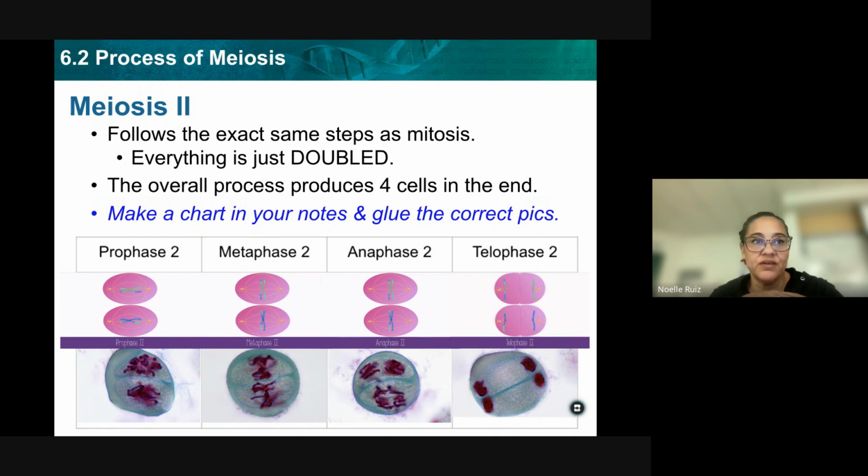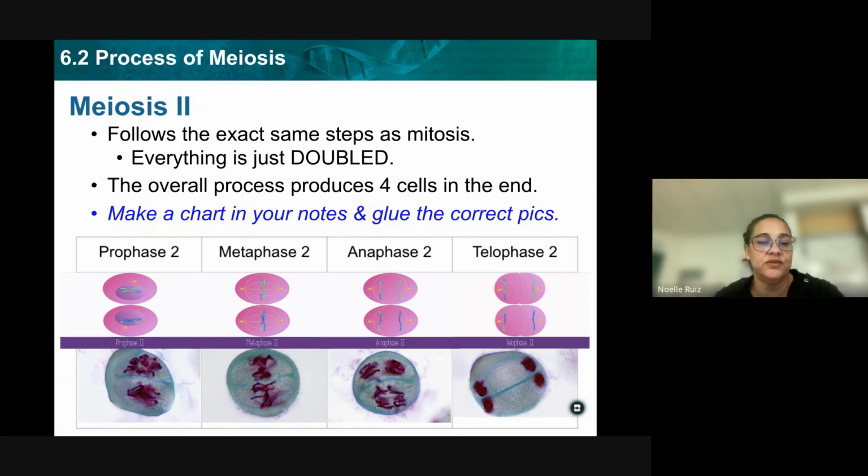So now there are two cells going through this process, and in the end, it will be split into 4. So make some kind of a chart in your notes. Draw or glue each one of these pictures in the right place.